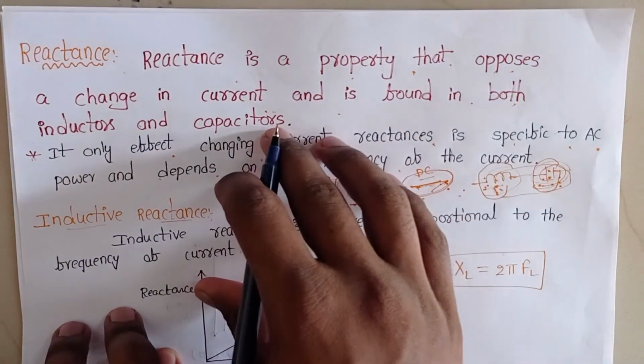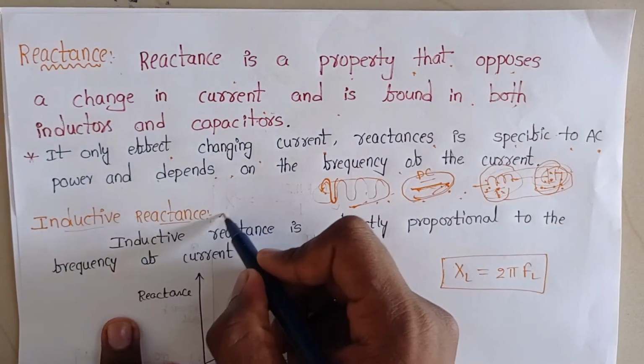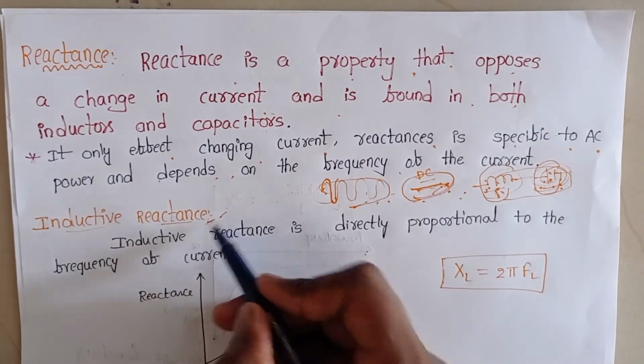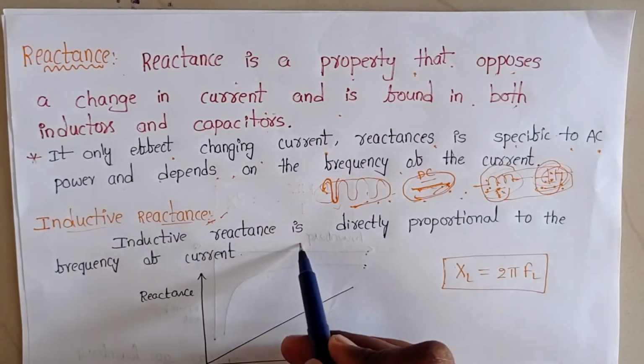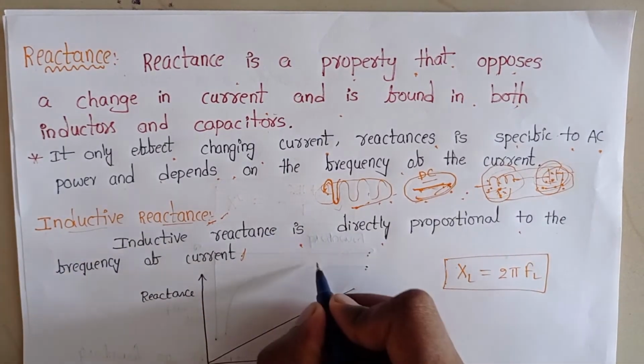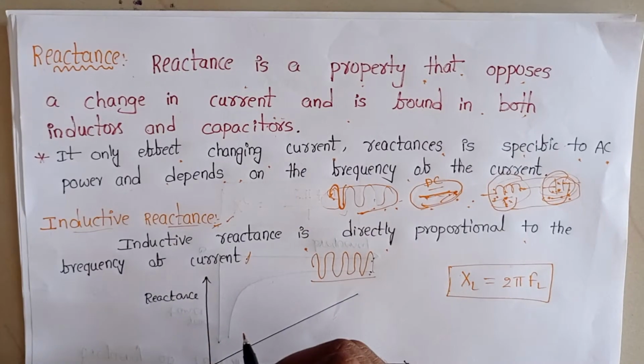Next, I already told you reactance is of two types: one is inductive reactance, another one is capacitive reactance. First see inductive reactance. Inductive reactance is directly proportional to the frequency of the current. Here observe, this is the AC current. It has some frequency.